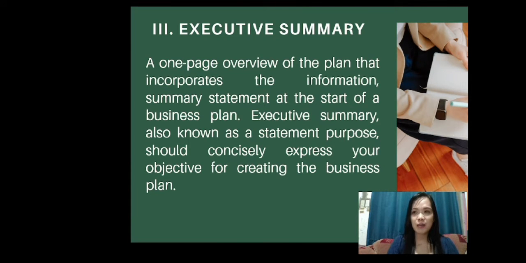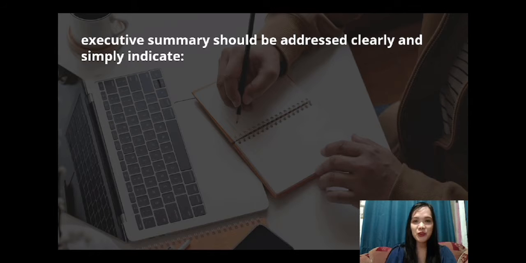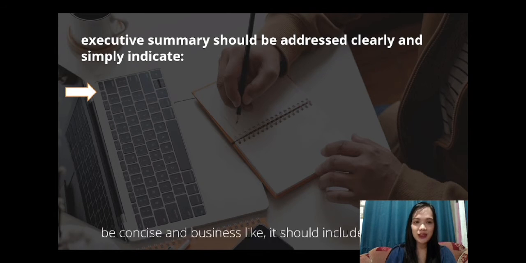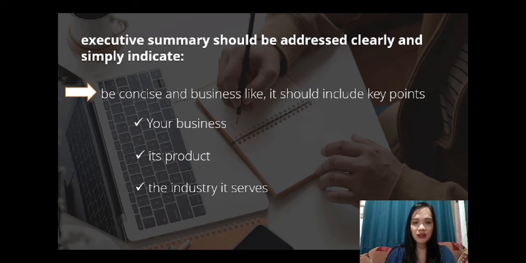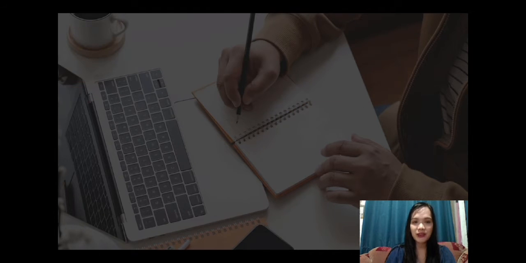An executive summary must make a good impression that introduces the business clearly. Executive summary should be clear, simple, concise and business-like. It should include key points: your business, its product, the industry it serves, and its competitive advantage.